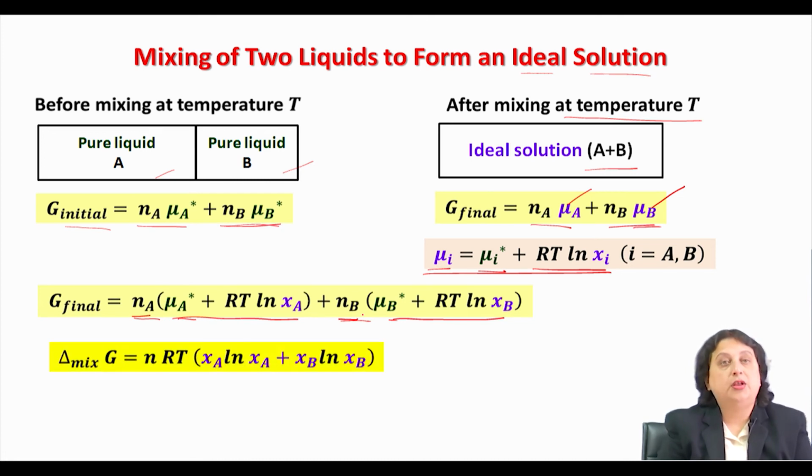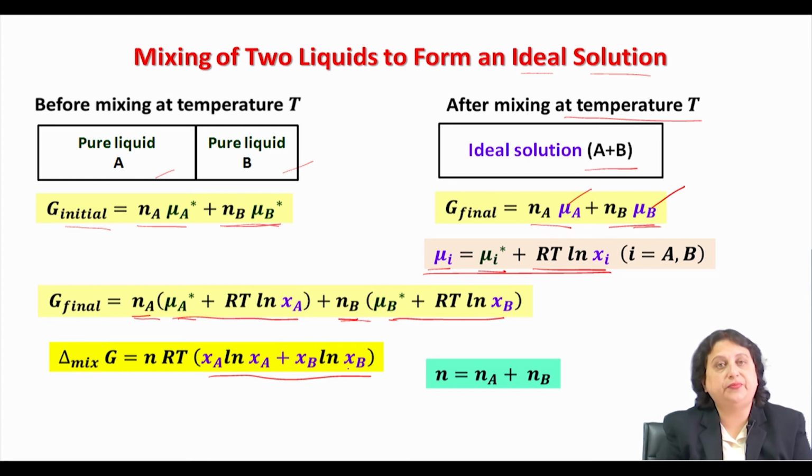And therefore, the Gibbs free energy of mixing can be very quickly shown to be nRT into Xa ln Xa plus Xb ln Xb, where I have used the definition that small n is the total number of moles of A and B present in the mixture, and small n is Na plus Nb.